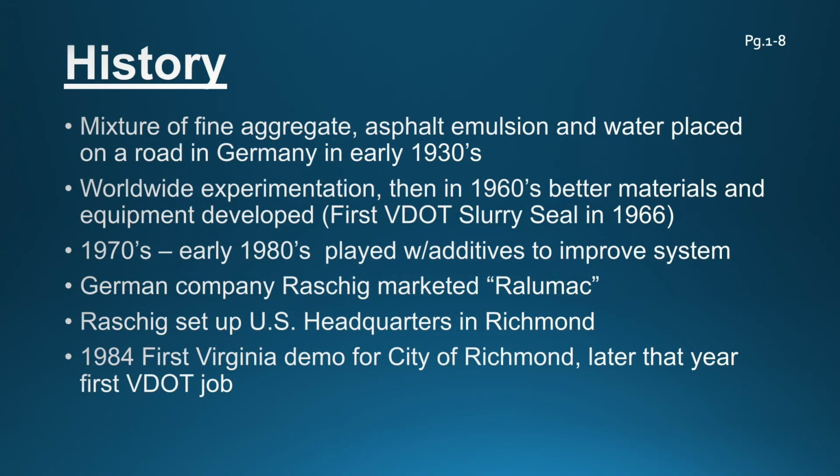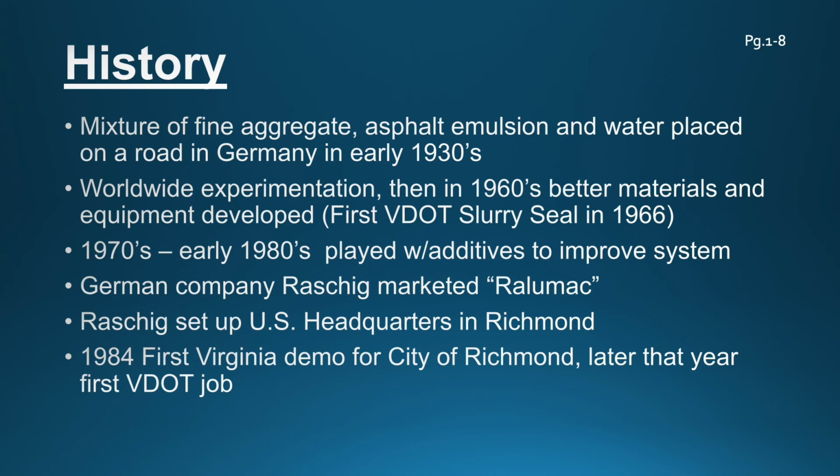Back in the 30s, as is the case with a lot of innovation, in Europe and Germany, they began experimenting with fine aggregates, asphalt emulsions, and some water, and mixing all these components together and placing them on a road to see what sort of a life extension they could gain from applying this thin asphaltic mix to a road.